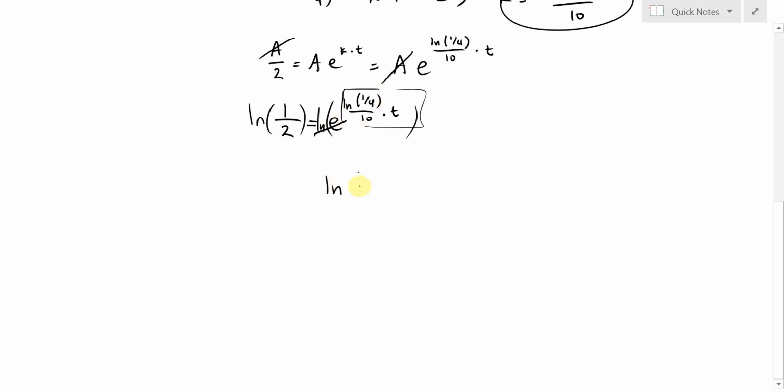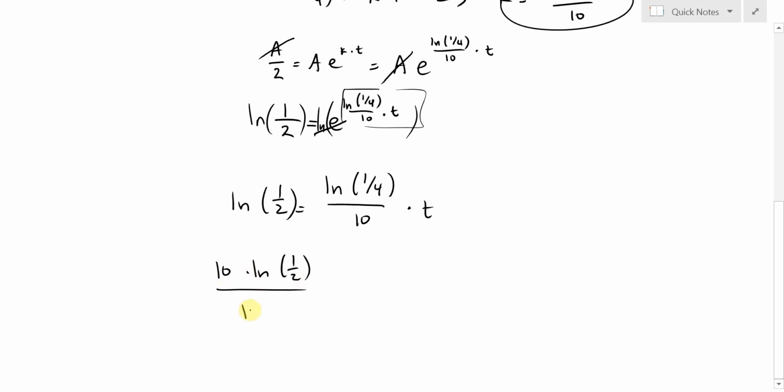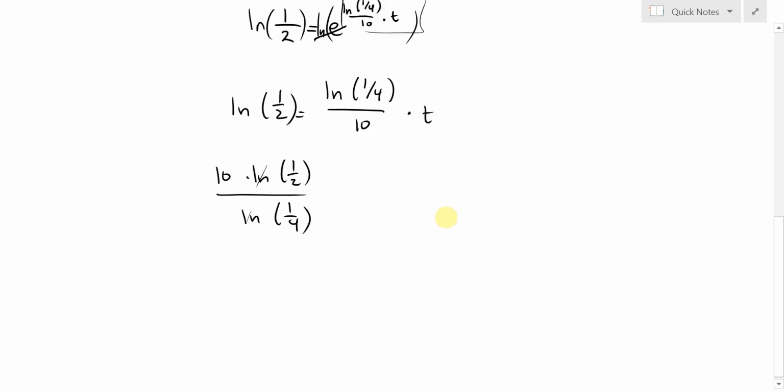So we have ln of a fourth divided by 10 times t is equal to ln of a half. So then you can solve for the time. It's just 10 times ln of a half divided by ln of a fourth. Please do not make the mistake of just saying, oh, the ln's cancel. That is certainly not true.